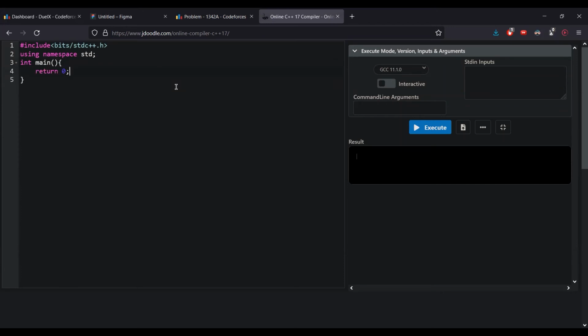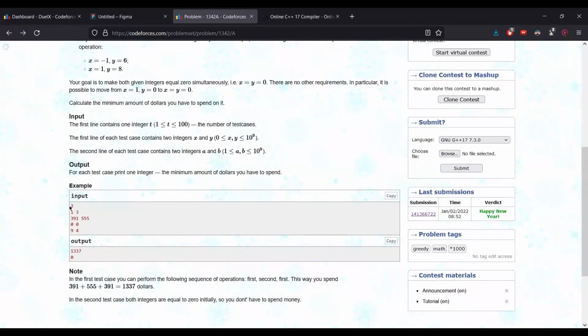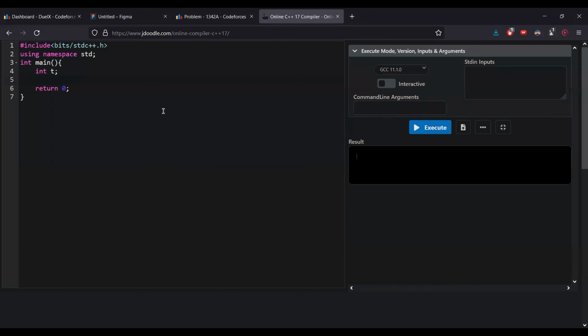This was the C++ side of things. Now I declare integer t. You see, this has the thing where you take an input number of test cases and take that many test cases input. So in C++, what you can do is declare an integer and then just take input to that integer and do while t minus minus. That will loop t times, right?